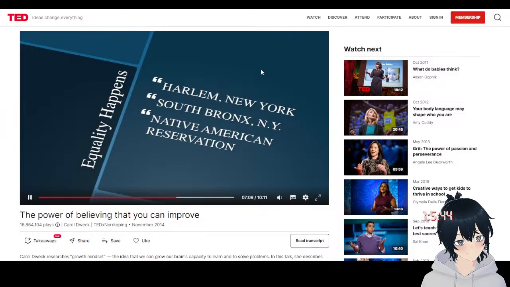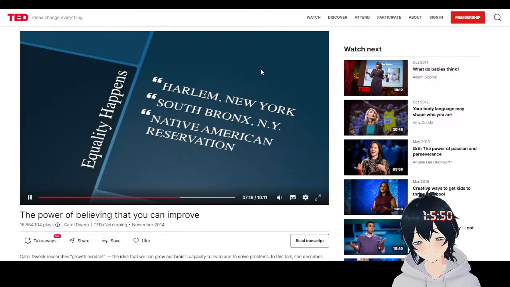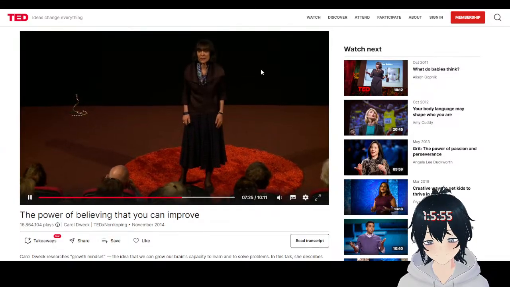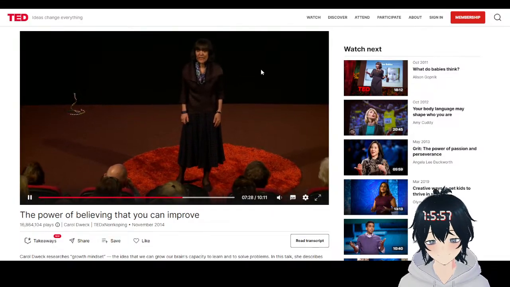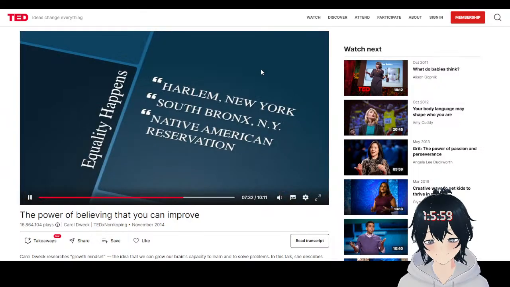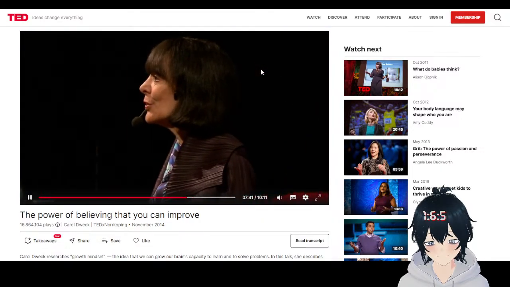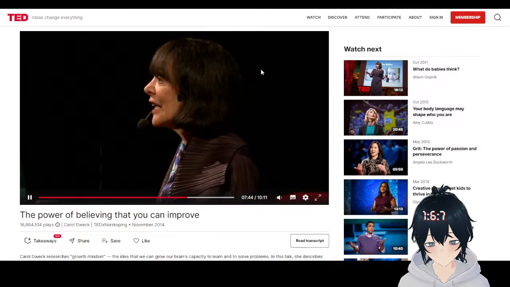In 1 year, a kindergarten class in Harlem, New York, scored in the 95th percentile on the National Achievement Test. Many of those kids could not hold a pencil when they arrived at school. In 1 year, fourth grade students in the South Bronx, way behind, became the number one fourth grade class in the state of New York on the state math test.